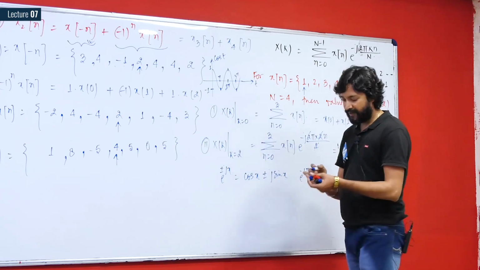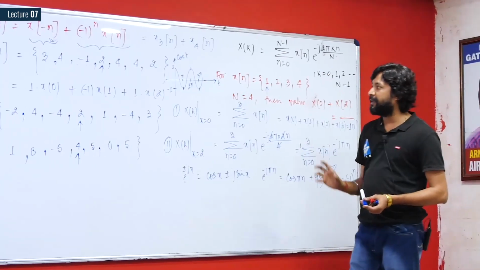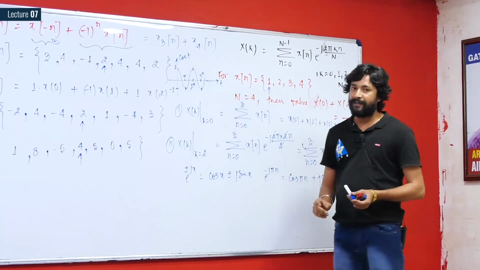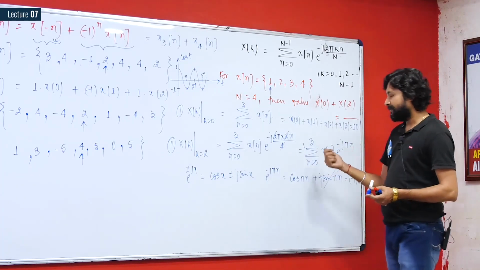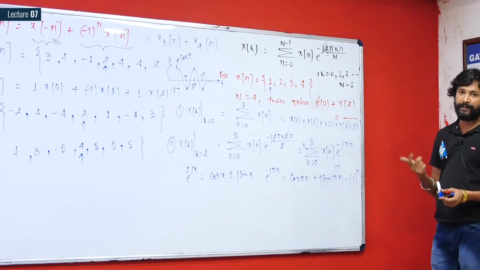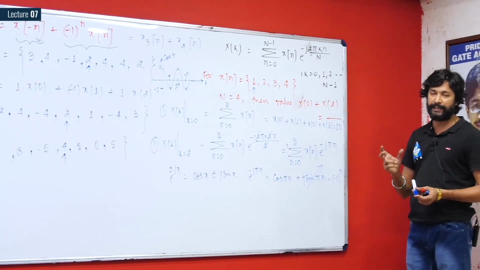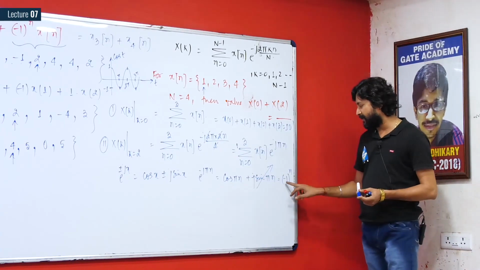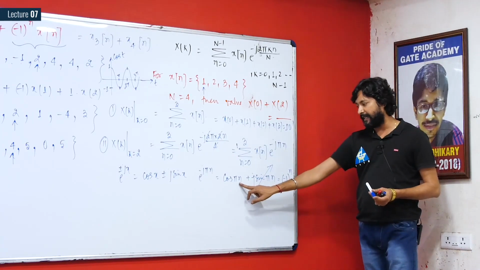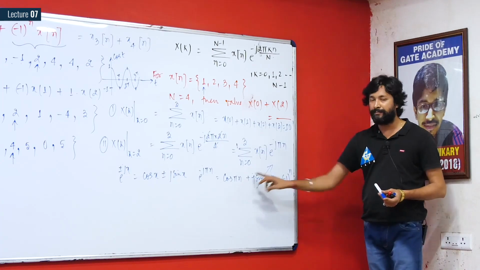So cos n pi will have either plus 1 or minus 1 values depending on the value of n. If n is odd, that is 1 pi, 3 pi, 5 pi, then the value will be minus 1. If n is positive even, then the value will be plus 1. So cos n pi is equal to minus 1 to the power n. If n is even, this value is positive. If n is odd, this value is negative.